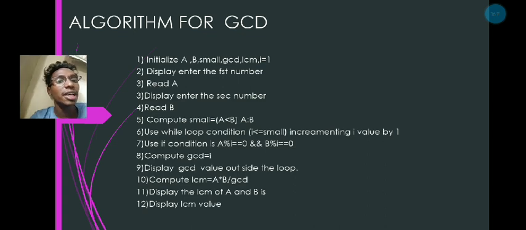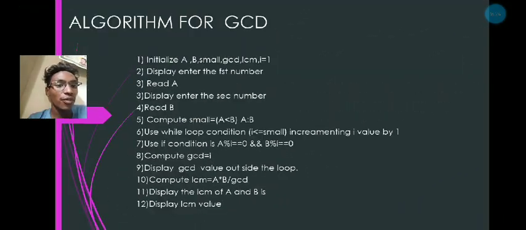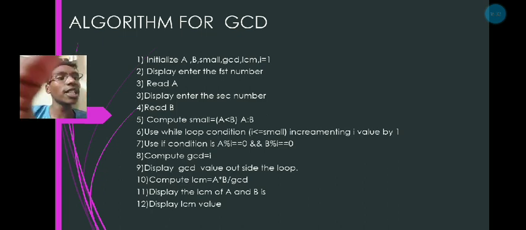Compute the GCD under that condition. Display the GCD value outside the loop and compute LCM equals A times B divided by GCD. It is the formula to find the LCM if we know the GCD. Display "the LCM of A and B is" and the LCM value.